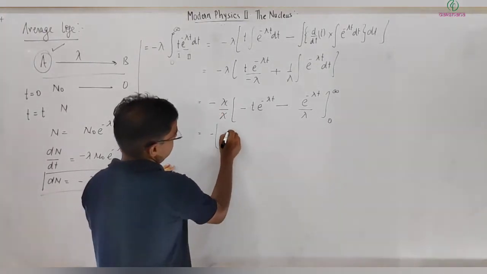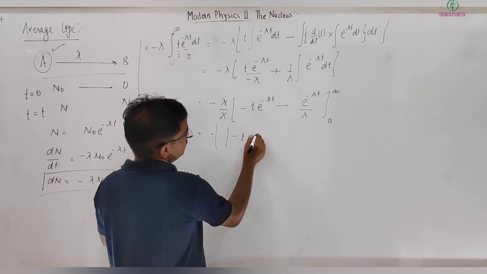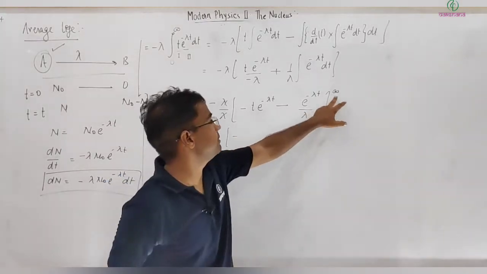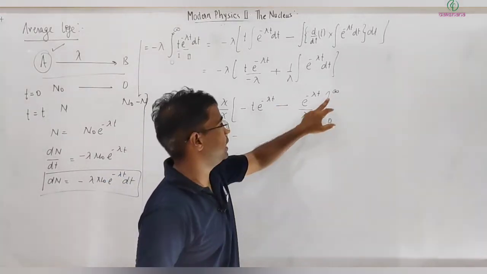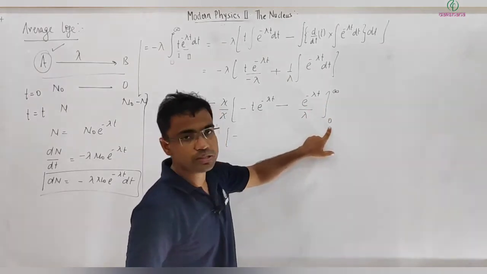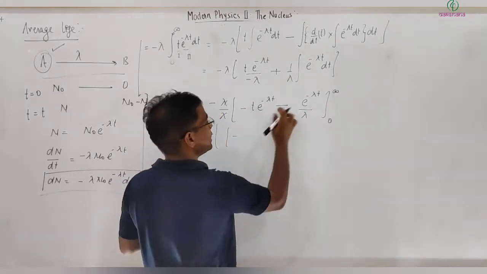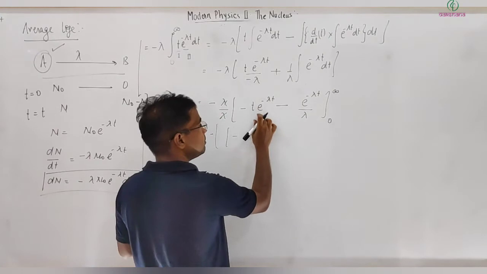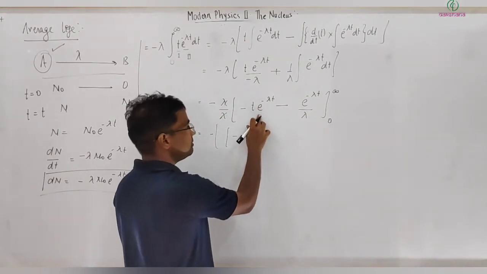So I am taking it out, so it's minus t e raised to power. Now see, once I substitute the limit infinity, and another I will substitute 0. When I am substituting infinity, it will be 1 by e power infinity, that will be 0.